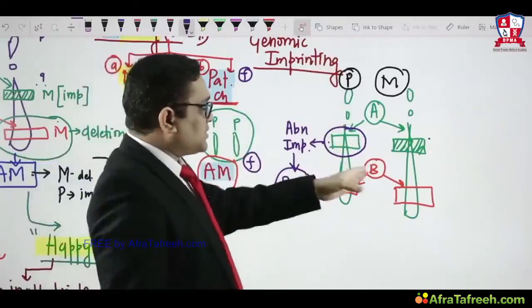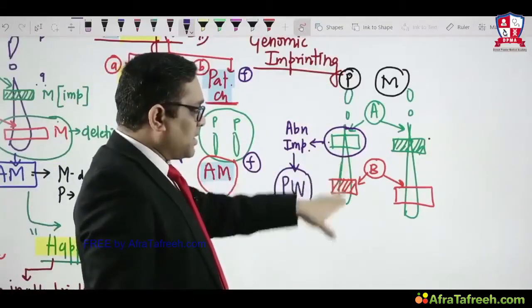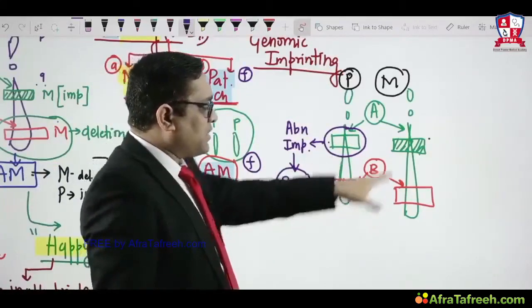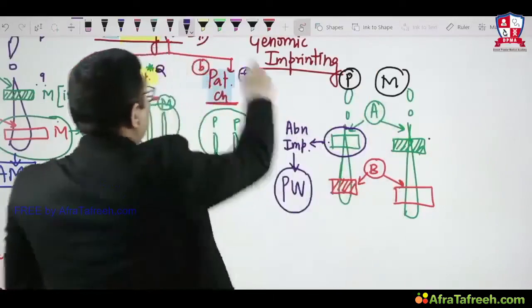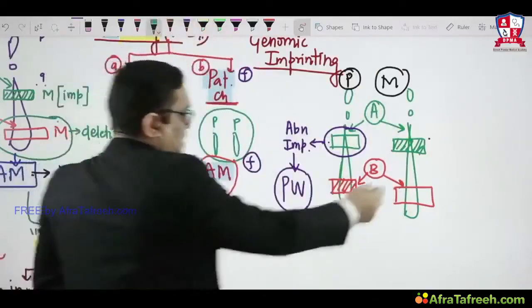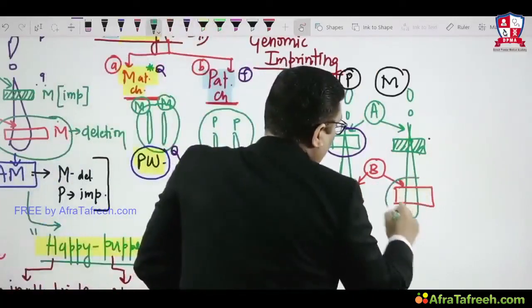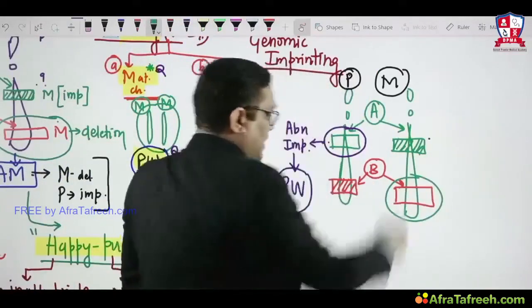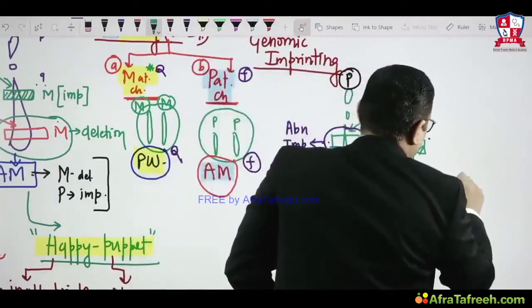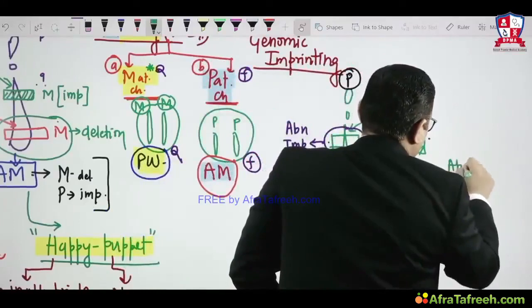In the same way, in this B gene, paternal imprinting is normal and the functional one is from the maternal, but just imagine this functional B is again getting imprinted. So the maternal allele is getting imprinted, and this is called abnormal imprinting.